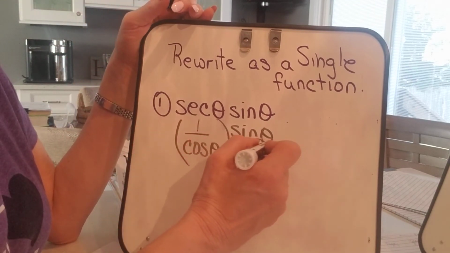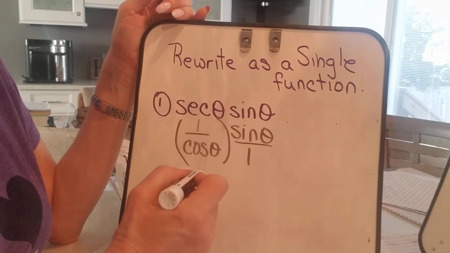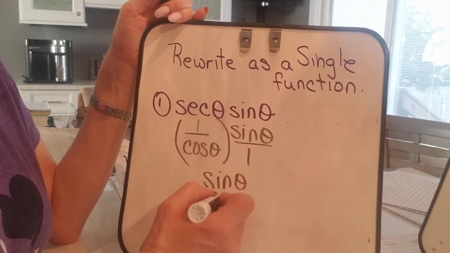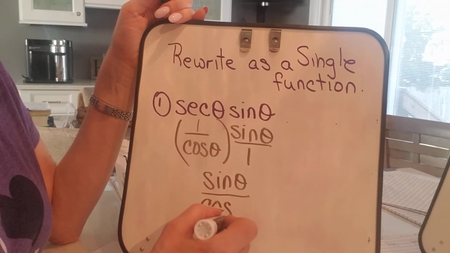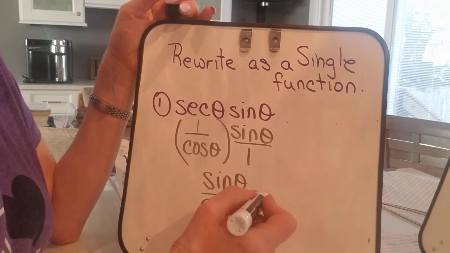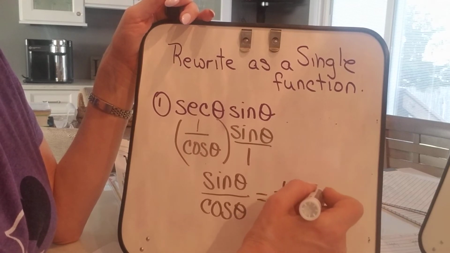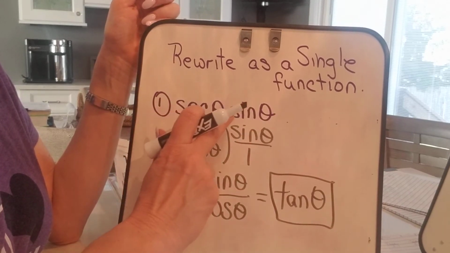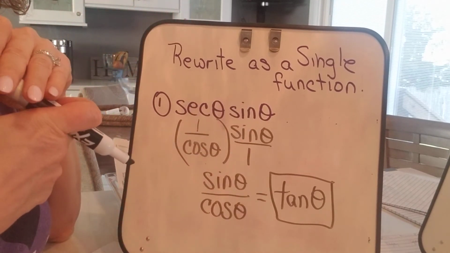Well, I'll throw this over 1 because I'm multiplying fractions. 1 times sine is sine over cosine times 1 is cosine. And we know that sine over cosine really means tangent. So I was able to take this expression, secant theta sine theta, and rewrite it as simply tangent of theta.